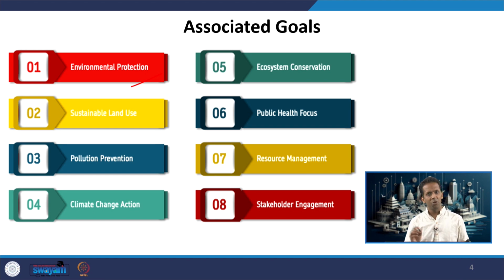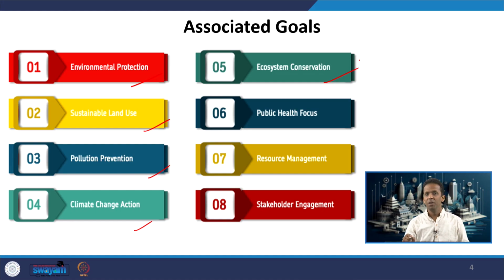Environmental protection is one of the most important goals, followed by sustainable land use, pollution prevention, and climate change action. Almost all industries consume a lot of resources in the form of energy or water, and both consume a lot of electricity, which is going to have an impact on climate change, because most of the electricity and heat is coming from fossil fuels.